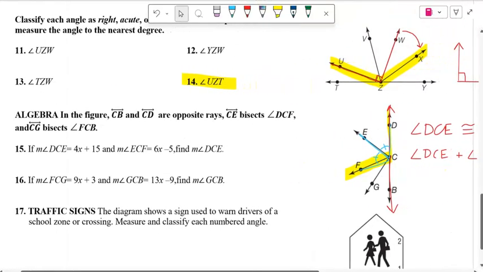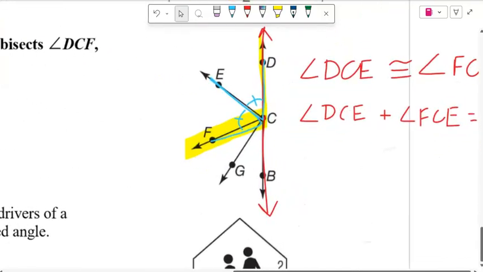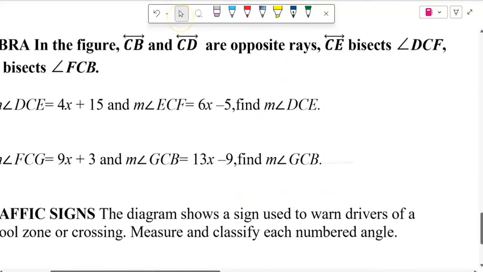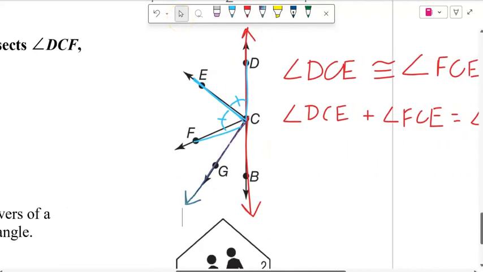Okay, and then same thing on the bottom side of this drawing. It says CG bisects angle FCB. I'm not going to make y'all write this down again, but just for the visual here, CG bisects angle FCB.